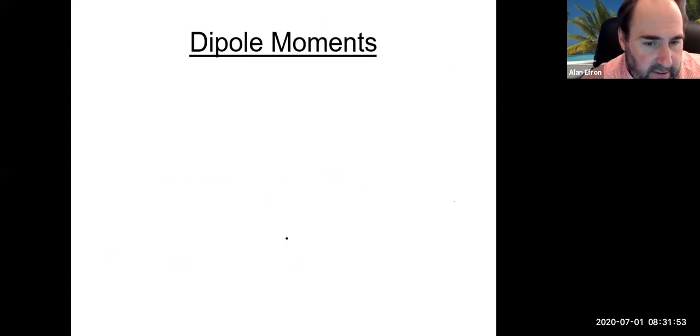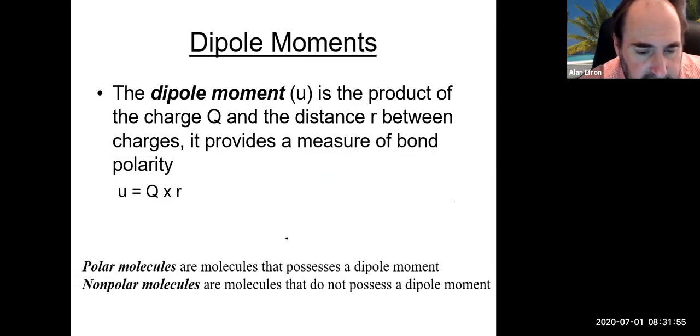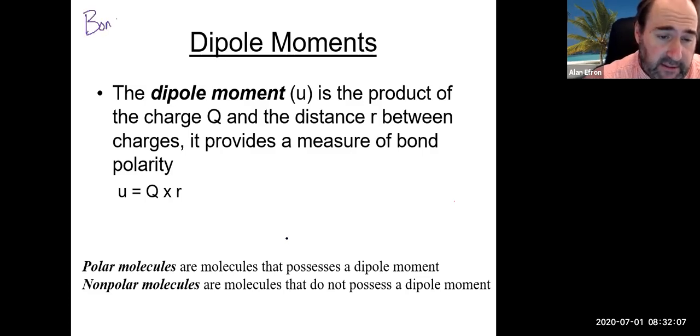All right. So the last thing we're going to talk about here in terms of bonding is molecular polarity. And we already talked a little bit about polarity before, what is sometimes referred to as bond polarity. Bond polarity is typically what we use that difference in electronegativity values for.